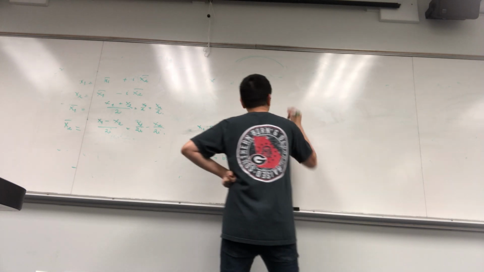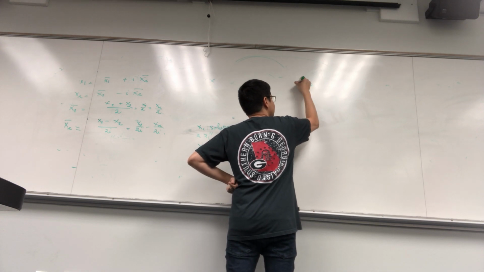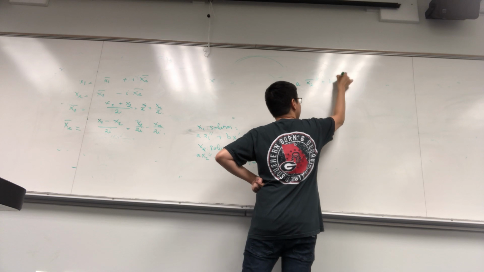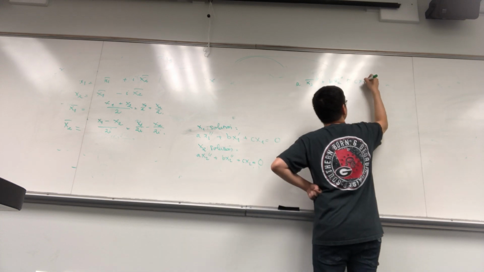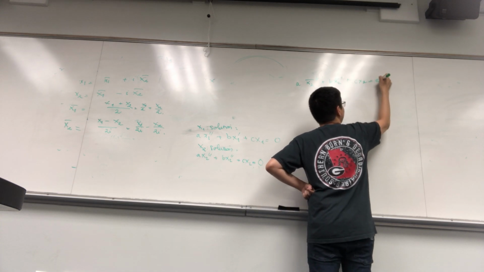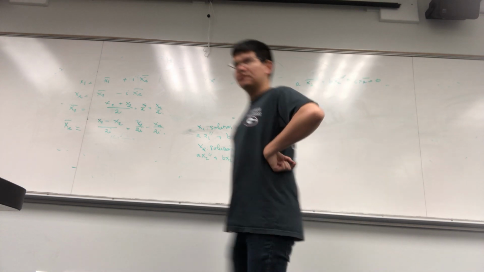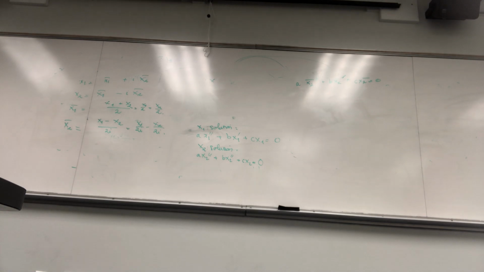So x2 bar is also a solution because you have a x2 second plus b x2 prime plus c x2 equals 0. Now I want to check that x2 bar is also a solution. How do I do that? Just same thing as last time, just plug in the x1 minus x2 over 2i.